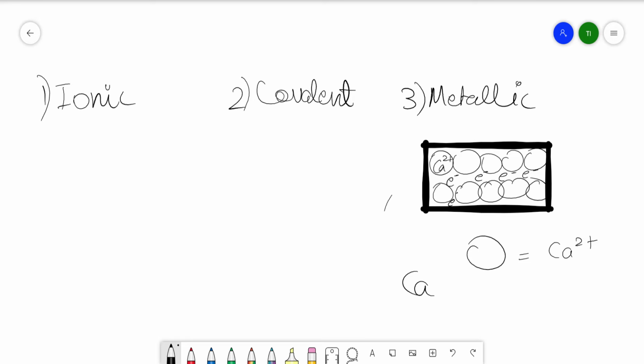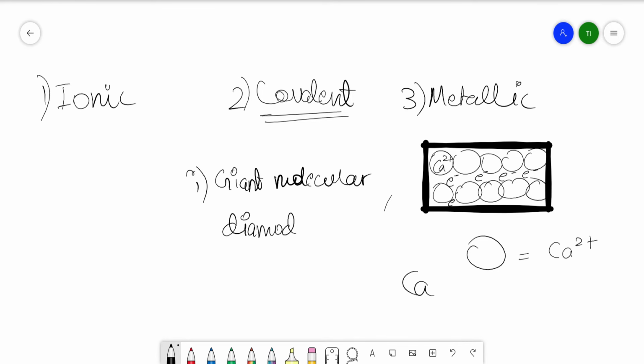Now, regarding the structure of covalent bonds, there are usually two. The first structure is giant molecular. Common examples are diamond from IGCSE, and silica, SiO2. Even Si has a giant molecular structure. The second type of structure in covalent bonding is simple molecular.